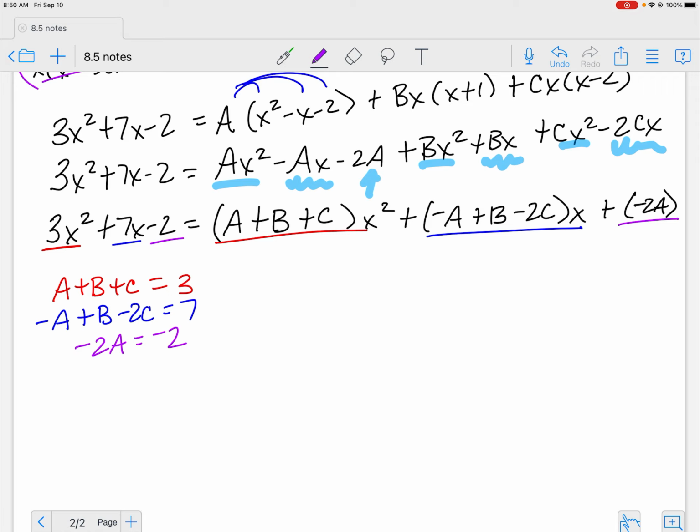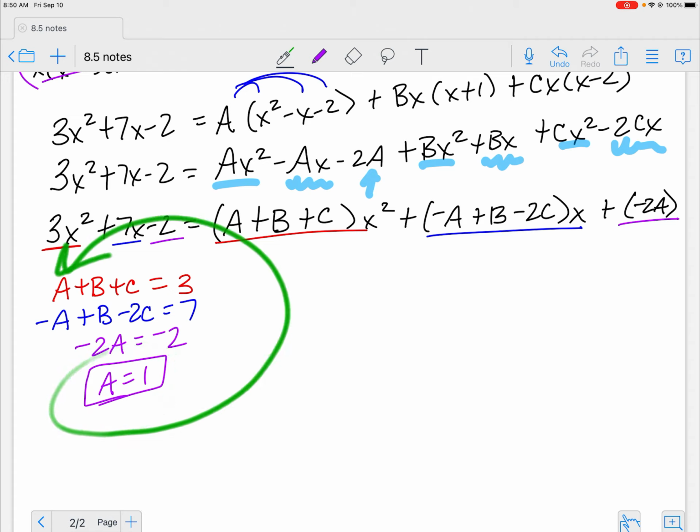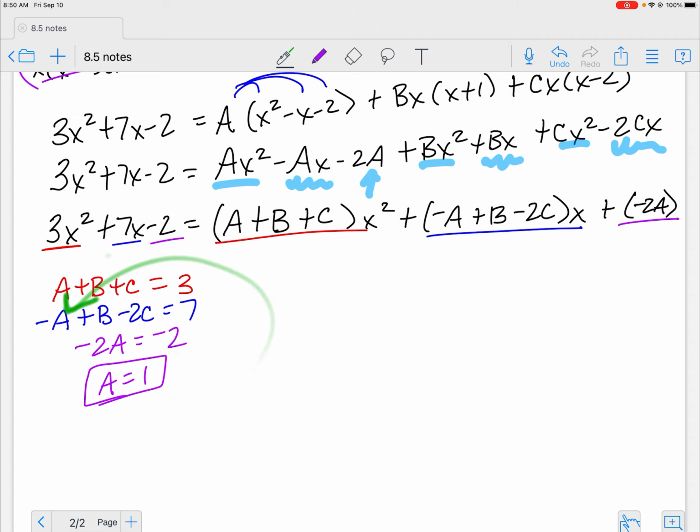Now, remember how we said most likely you're going to be using systems of equations. It's because you get this set up, and now I have a, b, and c that I have to solve for, so I can put those as my numerators. So right here, when I divide both sides by a negative 2, I know that a equals 1. If a equals 1 here, it equals 1 here, and it equals 1 here.